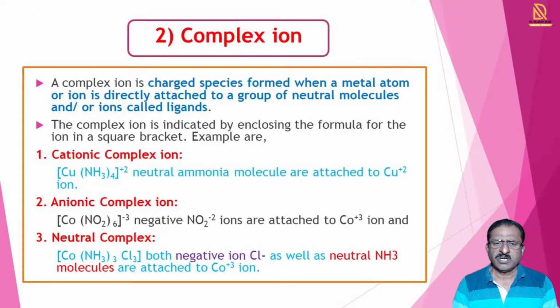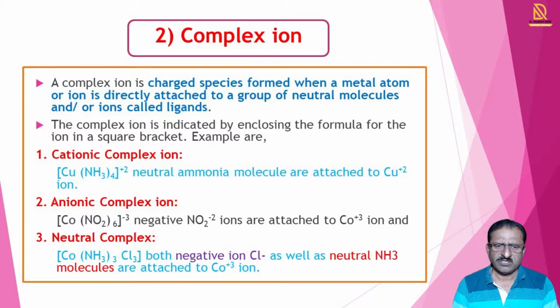Now we see the second term, complex ion. In a coordination compound, the species shown in square brackets is called the complex ion.